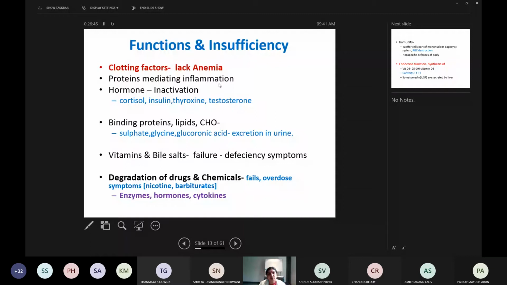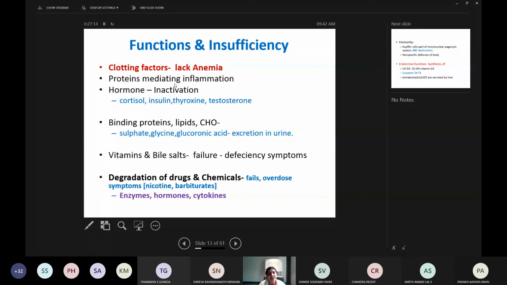Okay, so what happens, any inflammation in the body, these proteins are responsible for mediating that. Suppose the liver is affected, as in hepatitis, then this protein synthesis will be decreased and inflammation will be more severe. The immune system is also affected, because antigen presentation by this protein mediating inflammation is very important.